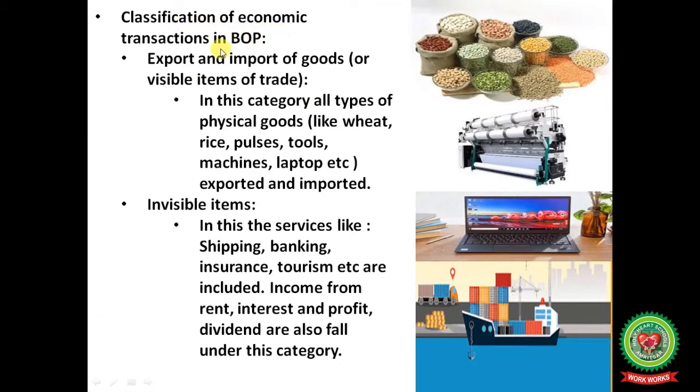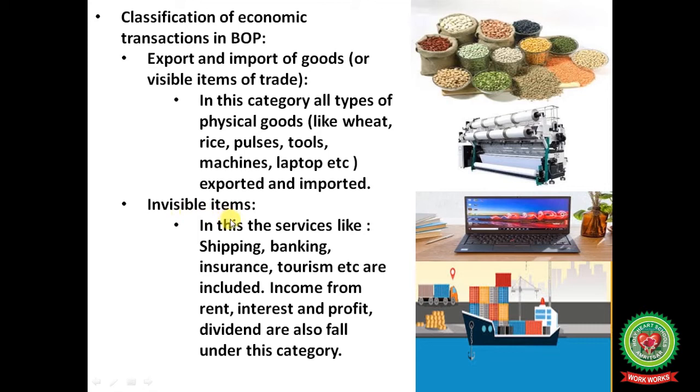Classification of economic transactions in balance of payment. Export and import of goods or visible items of trade. In this category, all types of physical goods like wheat, rice, pulses, tools, machines, laptops, etc. all these are visible items, or you can say that export and import of goods, it is there.